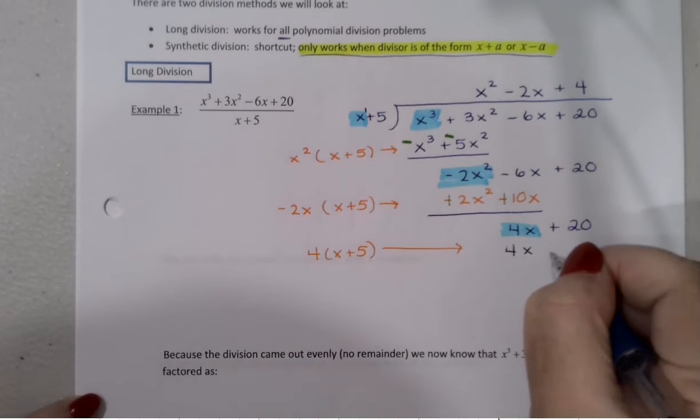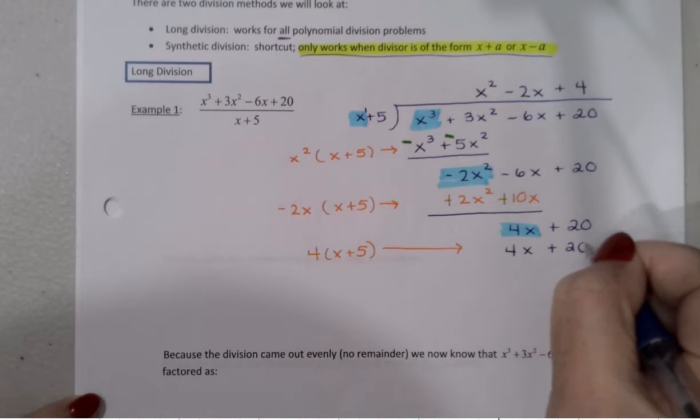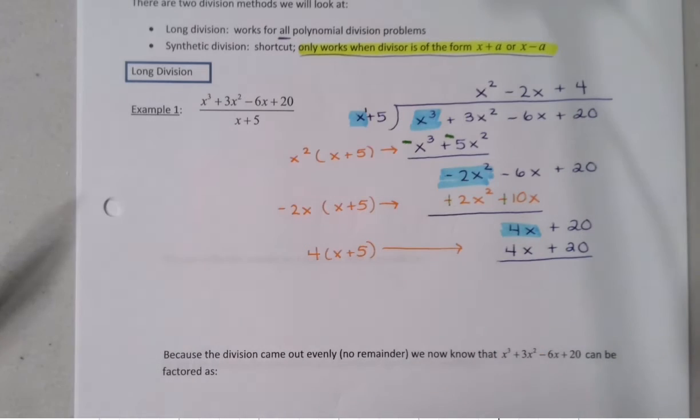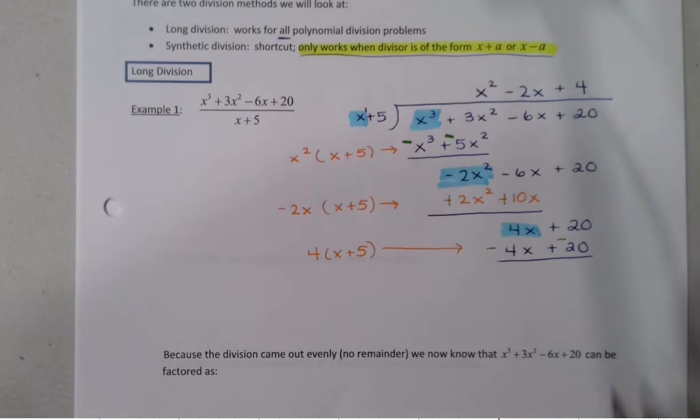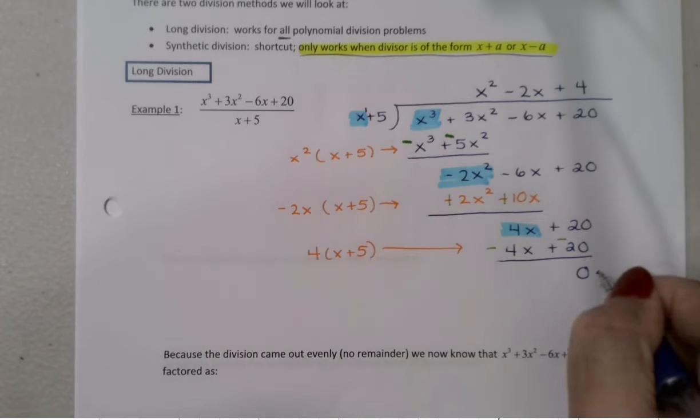That gives me 4x plus 20. And this time when I subtract, I end up with 0. So that just means that the division came out evenly and there was a 0 remainder. We'll talk more about other remainders later, but this first one has no remainder.